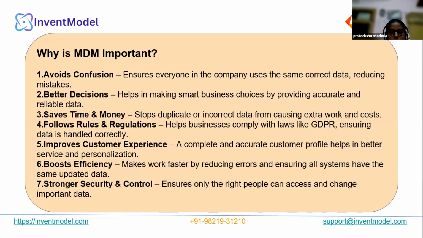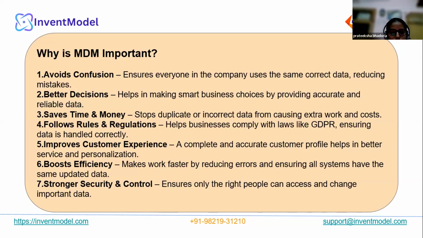When we use MDM, it ensures that everyone in the company uses consistent data, which helps in reducing errors. The second point it says is that it helps in better decisions. When we have the correct data, we'll be able to clean the data properly and evaluate it, and help the business make the correct decision and have the correct analysis of the data.